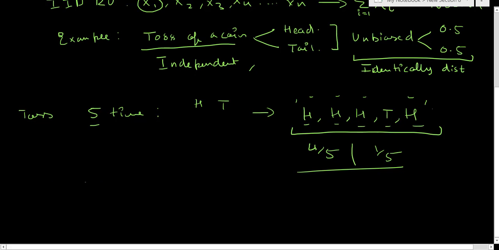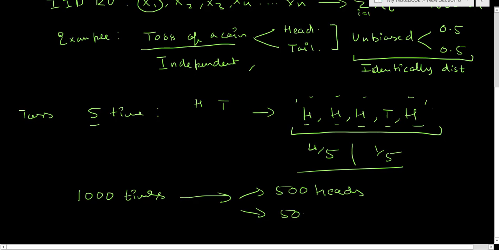But instead, if I toss this coin 1000 times, we will see that this randomness will somehow get cancelled out. For example, even if I get 5 heads in the first 5 tosses, in 1000 tosses, I will expect to get 500 heads and 500 tails, because ultimately this coin is not biased, it is an unbiased coin.